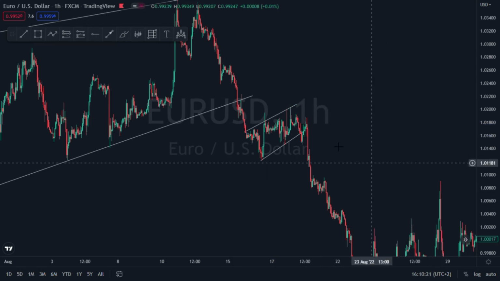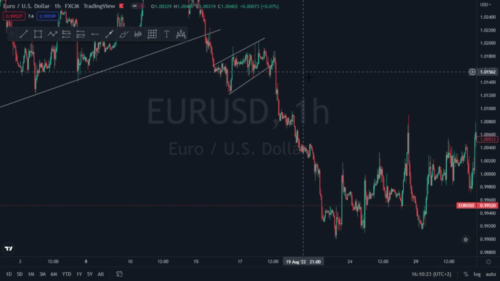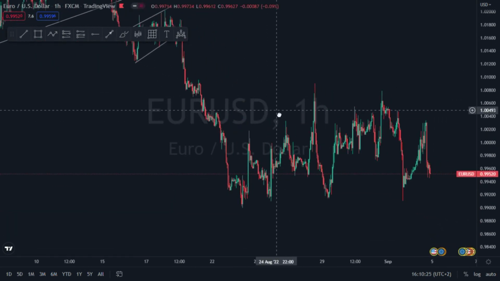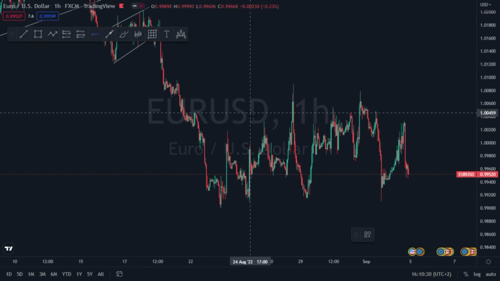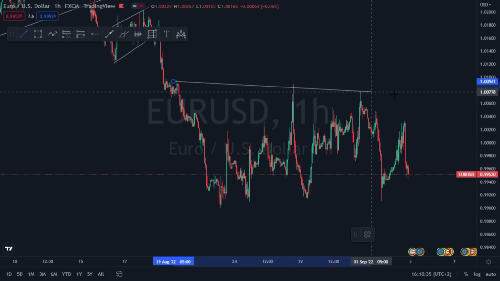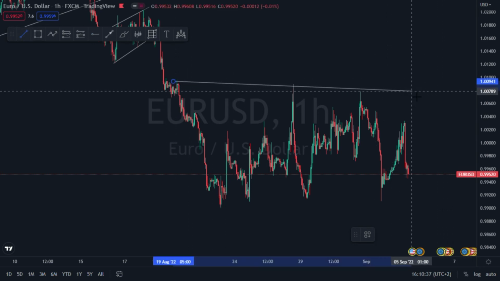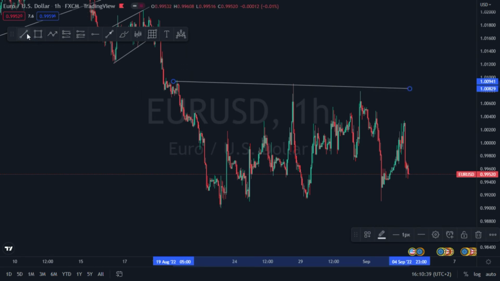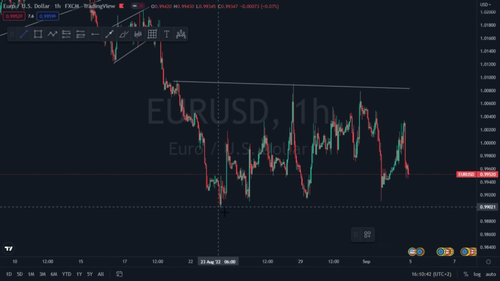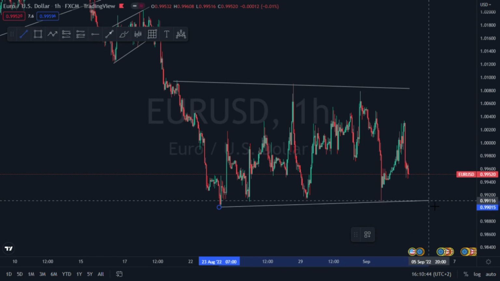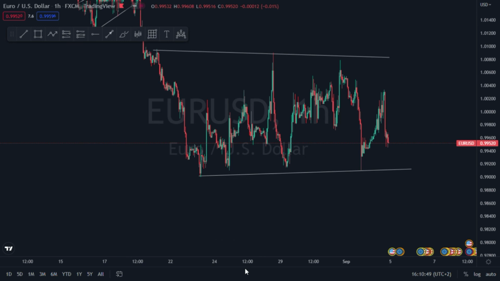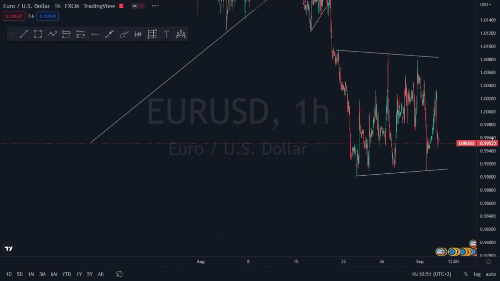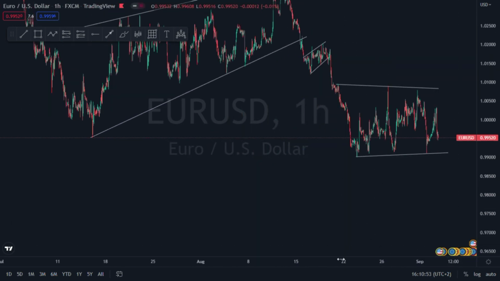We broke that structure, and now what the market is doing right here, I can see that the market is consolidating on these levels. I'm just going to wait to see what the market will do from these levels, and then from there I will enter my positions.